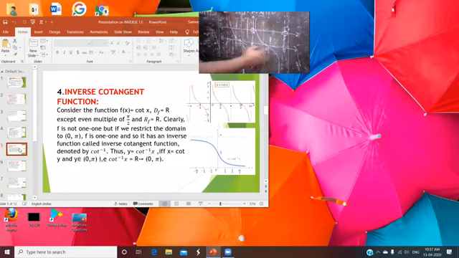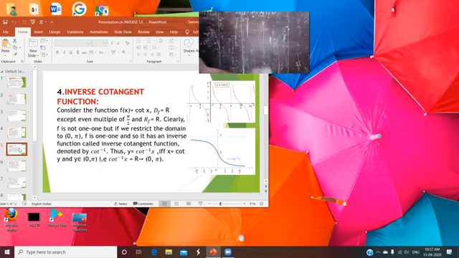So in between 0 to pi, the horizontal line intersects the curve at one point only. So you can say that in between 0 to pi, cot x becomes one-one, and it is said to be invertible.